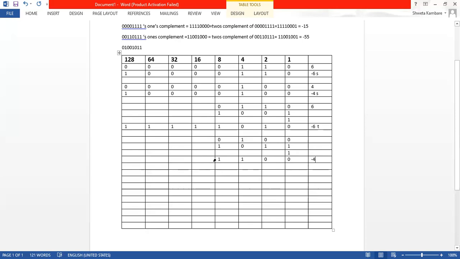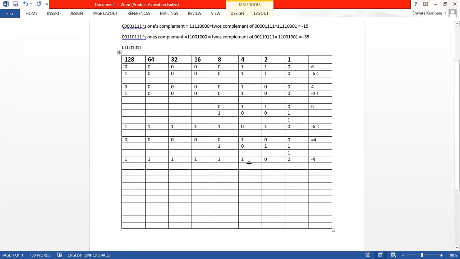Now again, if you want to increase the bit length, this will be 1 1 1 1 1 1 0 0. This is your plus 4. And for positive numbers, it's the same. It will be 0 0 0 0 0 1 0 0.